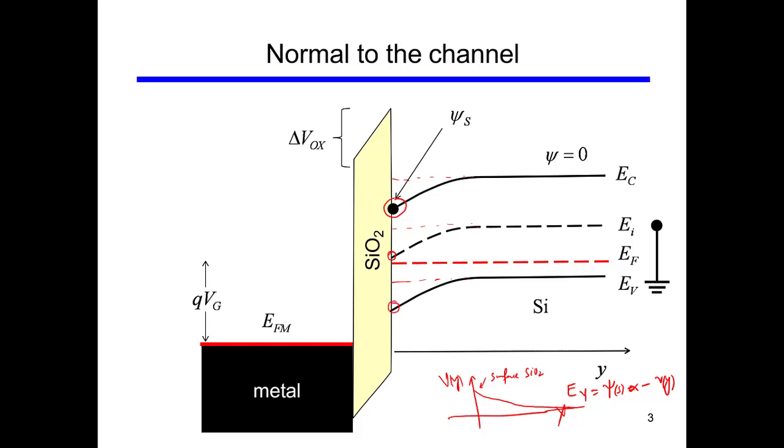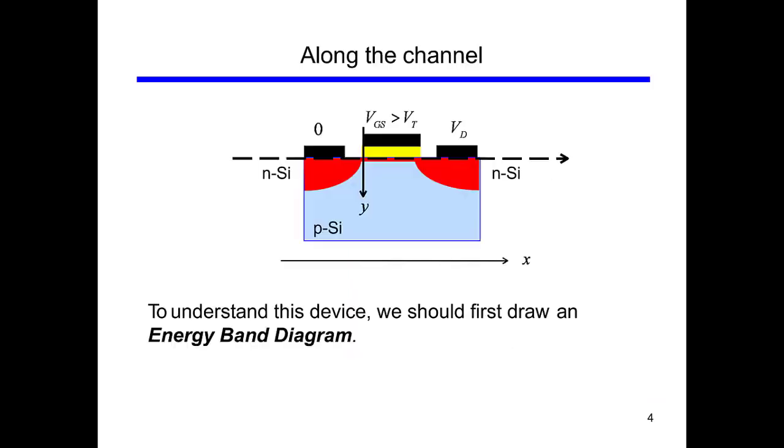The conduction, the intrinsic and the valence bands go down due to the potential that is developed at the gate with application of voltage. So this is the energy band diagram normal to the channel, perpendicular to the channel.